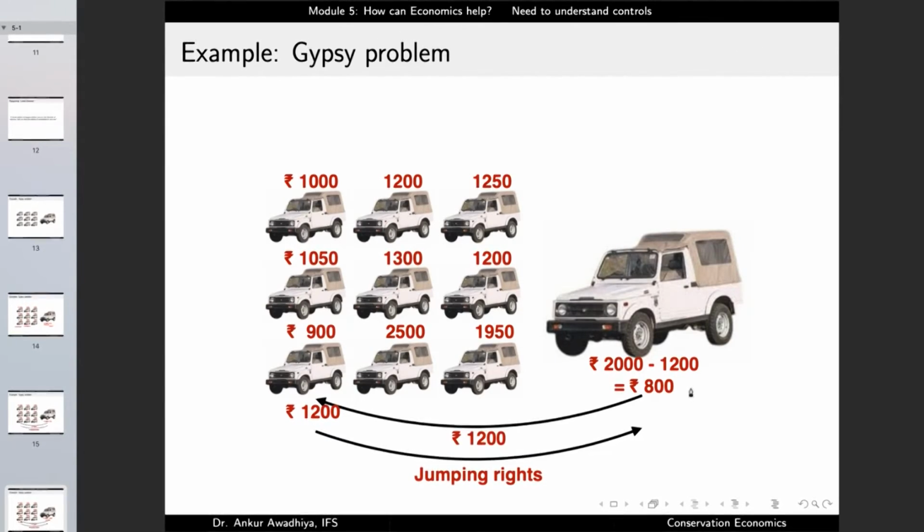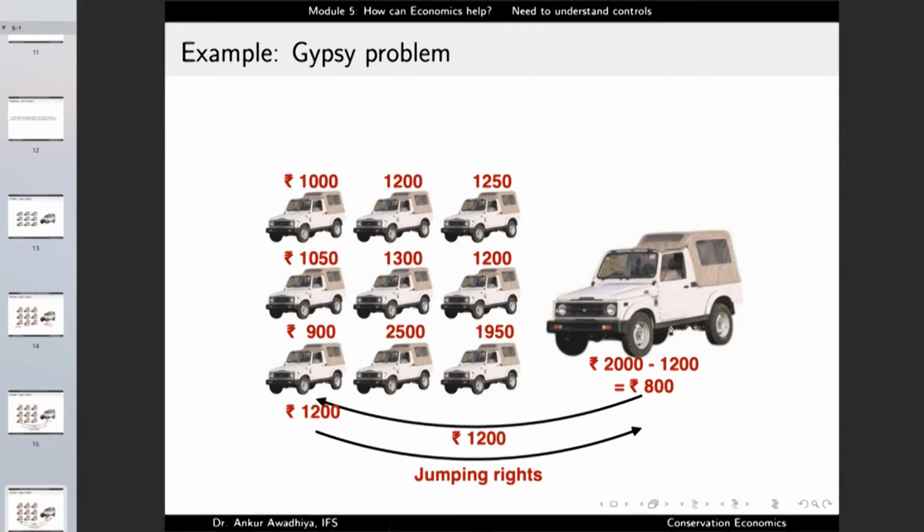But now that he has paid for these jumping rights, he has the chance to get inside. He will be earning 2000 rupees. Now, out of these 2000 rupees, he will be paying 1200 rupees to this gypsy owner, and now he will be left with 800 rupees.